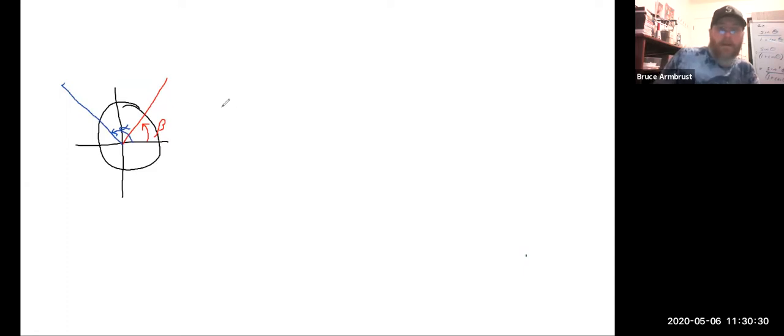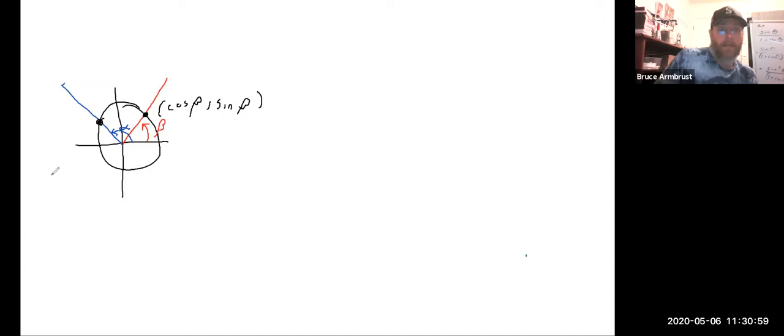Now I want to think about the points on the unit circle where those two angles show up. In terms of their coordinates, we know exactly what they are. This one's going to be cosine of beta, sine of beta, right? By definition, the x and y coordinates are the cosine and the sine.